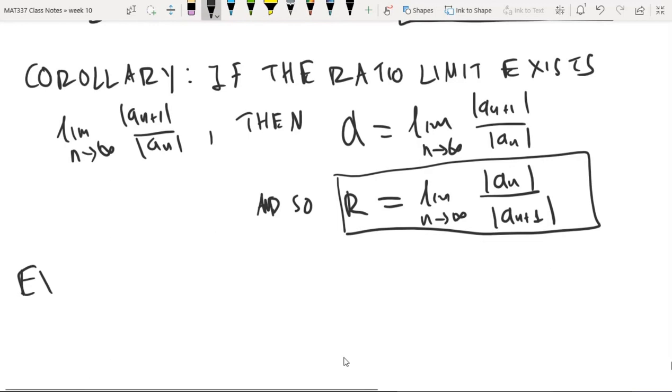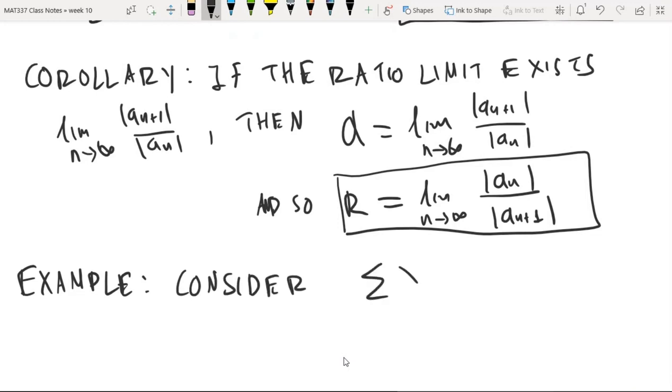Oh, we have to do some examples. Right, so example. This is pretty easy. Consider the power series for the exponential, and we ask, what is its radius of convergence?